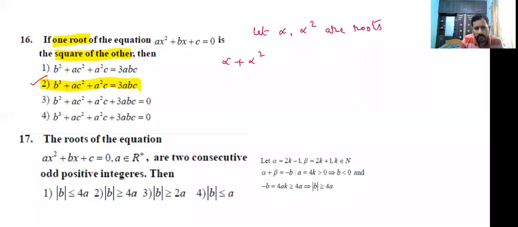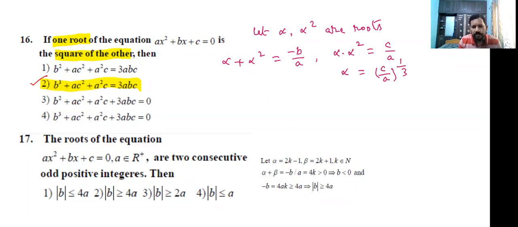Alpha plus alpha square is minus b by a. Product of the roots, alpha into alpha square, is c by a. Now this is alpha cube is equal to c by a. Alpha is equal to (c by a) whole power 1 by 3.